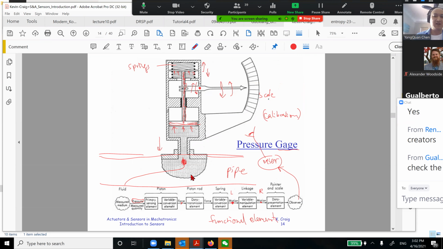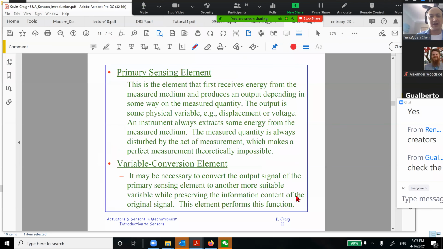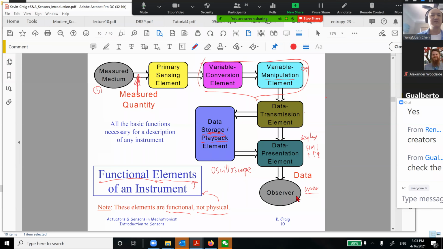As an engineer, you should have a pretty good idea of what's happening behind this. At least if you learn mechatronics, especially in mechanical engineering, you should be able to explain this in this functional representation way, like showing in this picture, okay?